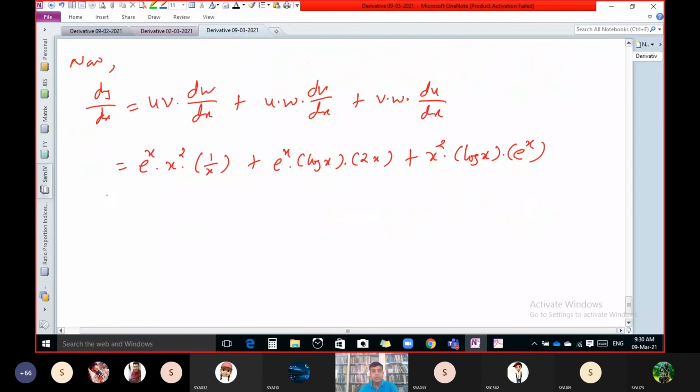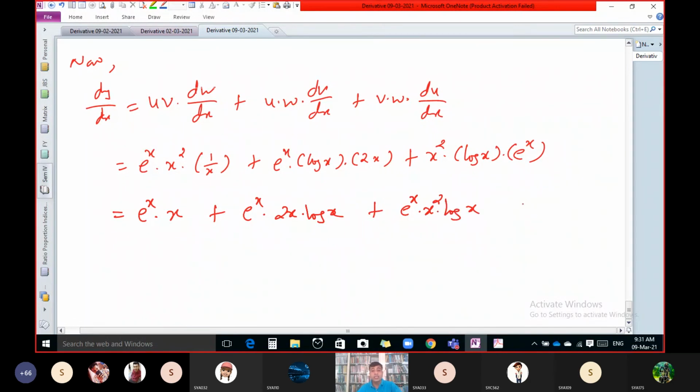So if we simplify, what we get here? First term x square, and if we cancel 1 x we get only x, plus this keep as it is, e raised to x into 2x into log x, plus here you can write e raised to x into x square into log x.